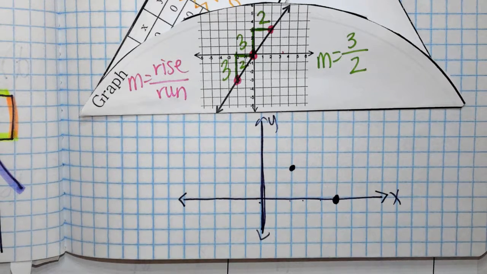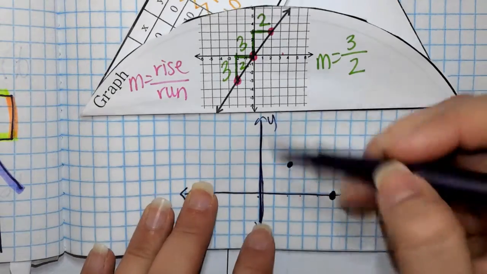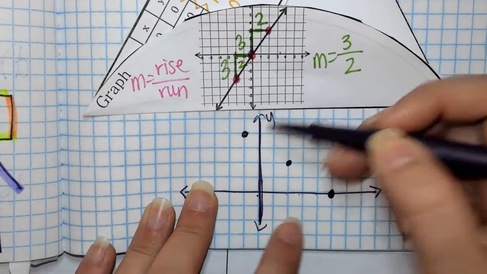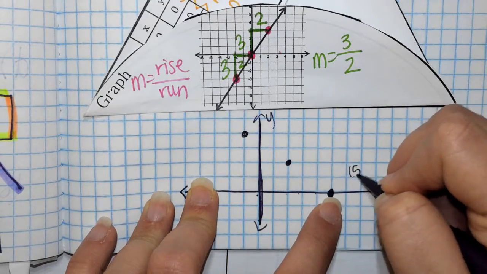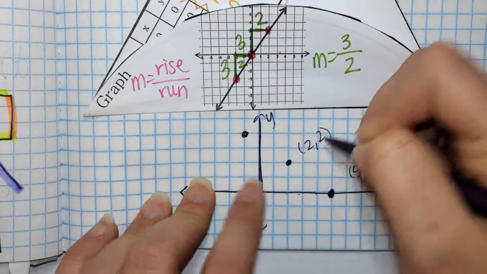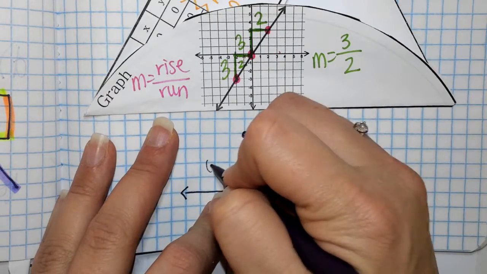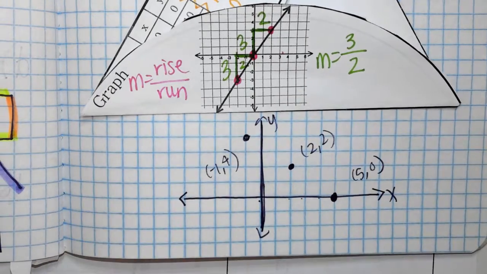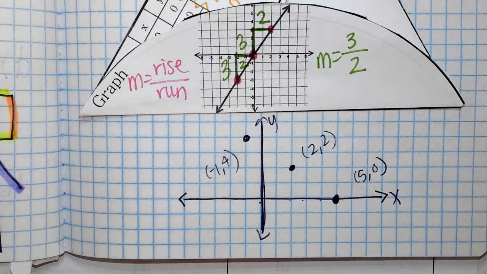And then I want a point at 2, 2. This is at 5, 0. This is at 2, 2. And that's at negative 1. 1, 2, 3, 4. Yes, that's it. What I write, you write.